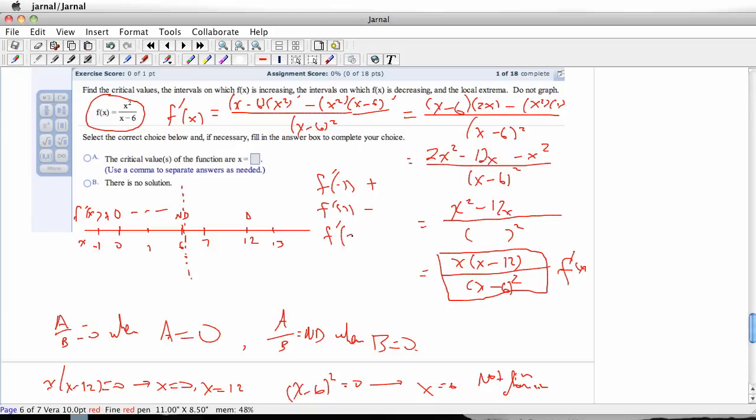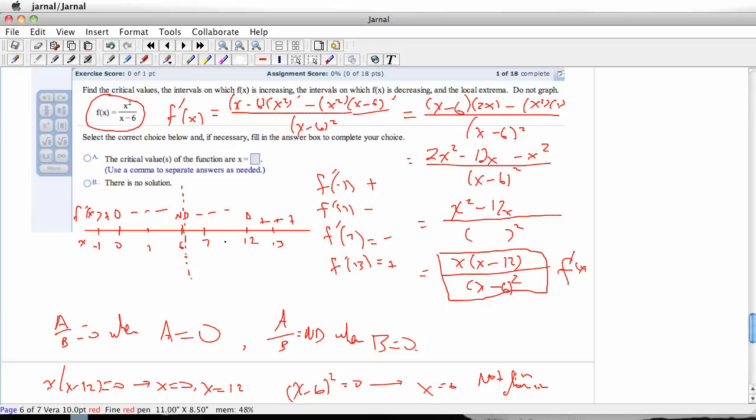F prime of 7 is going to be 7 times -5, which is negative, and the denominator will be positive, so that'll be a negative value. And then finally, f prime of 13 will give me a positive times a positive in the numerator, so that's a plus. So I should have minus, minus, minus, plus, plus, plus.